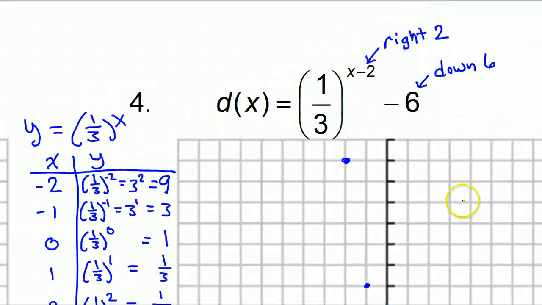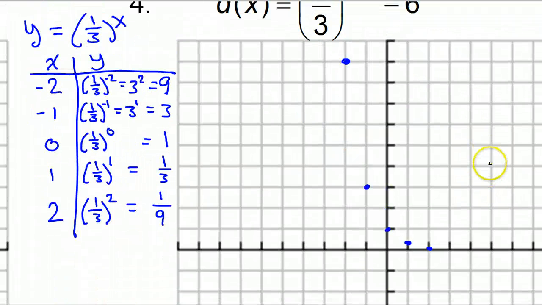Okay, so to get the function d here, I need to take my parent function and move it to the right 2 and down 6. Right 2, down 6. Now I am going to cheat a little bit by cutting and pasting. Technology, gotta love it. So I said we have to go to the right 2 and down 6. So here we go.